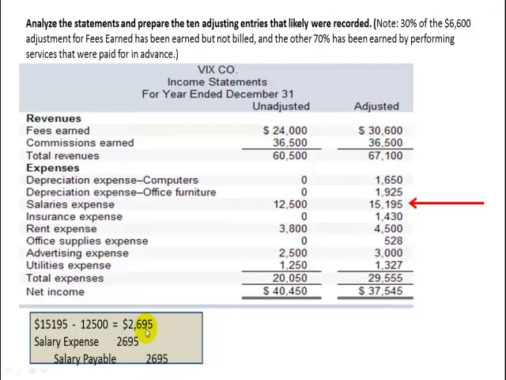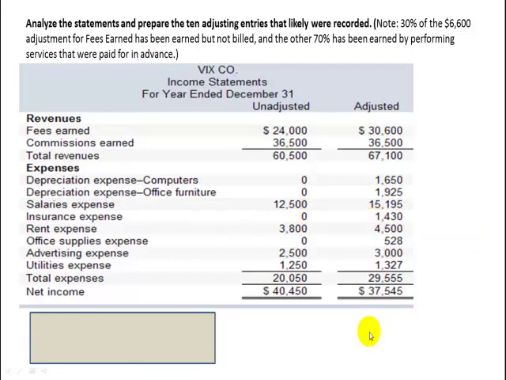And so that's our salary expense entry. Next we have insurance expense, which went from nothing to $1,430, and that's going to be a difference of $1,430. That's going to be insurance expense, a debit for $1,430, and a credit to prepaid insurance for $1,430.